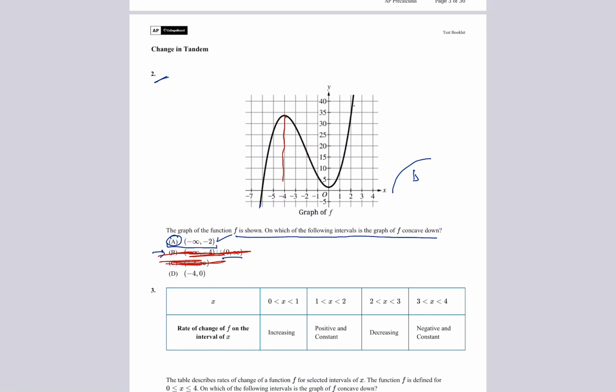Well, this one is interesting. From negative 4 to 0, the point of inflection, I would say, is at negative 2. So from negative 4 to negative 2, it was in fact facing downwards, but from negative 2 to 0, it was then facing upwards. And remember, we just want concave down, so that is not the case. The correct answer would be option A.